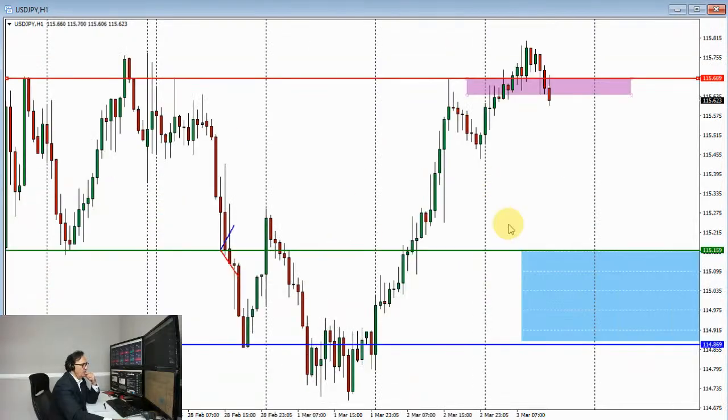So what am I looking for? I'm looking for a very simple loss of support. Once you see how steep this trend line is, the angle of this trend line is very, very steep.